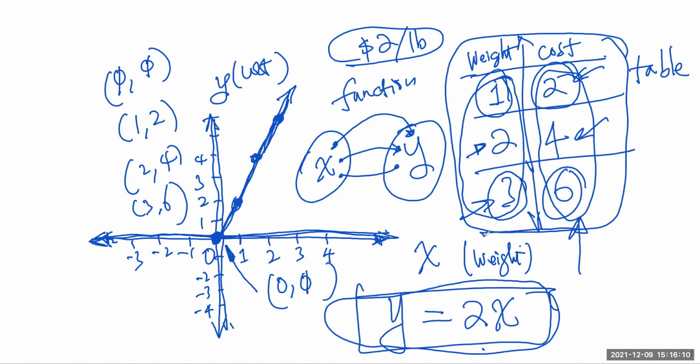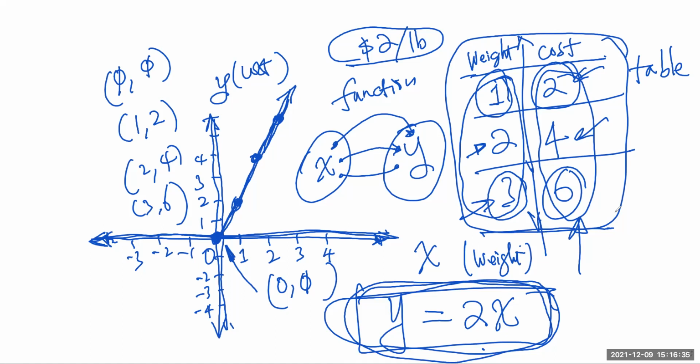The table is limited; we don't want to waste time just going on for hundreds and thousands. But with y equal to 2x, we use algebra to express a relationship, and we can cover an infinite number of numbers, right?